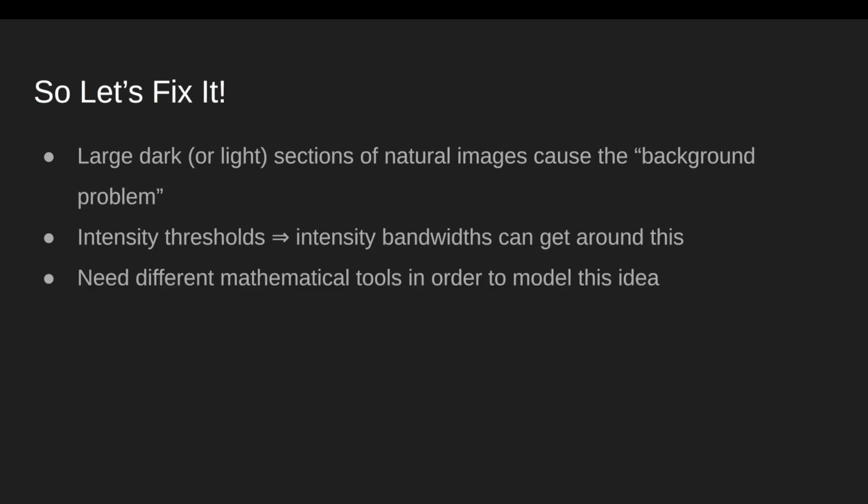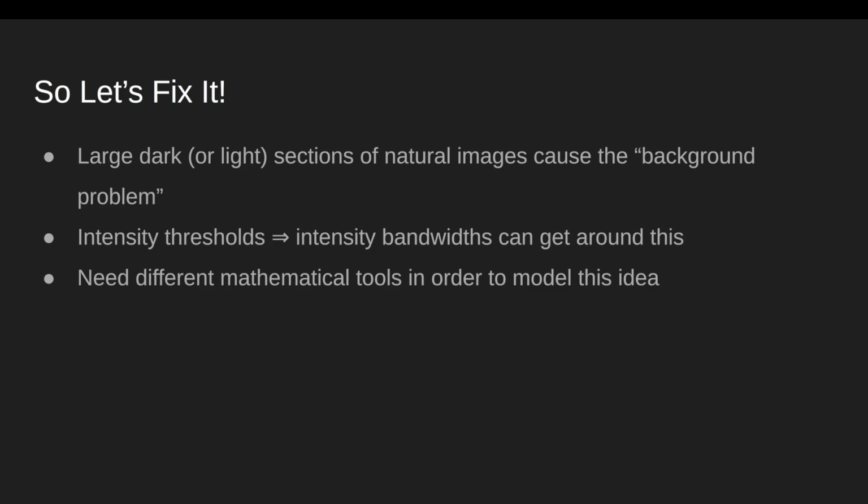The problem arises in images that have large sections of either dark or light pixels. You can think of things like a dark background or a patch of sky, things like that. Very common types of features we see in almost any image in a computer vision dataset.